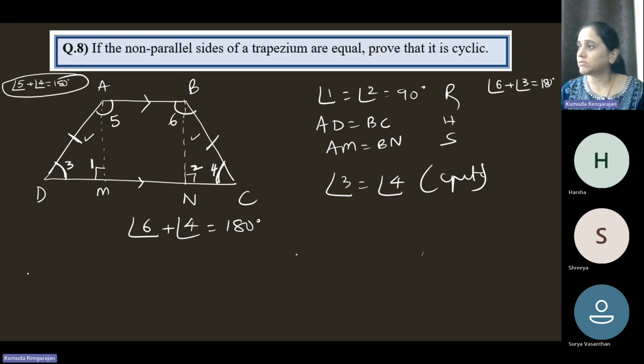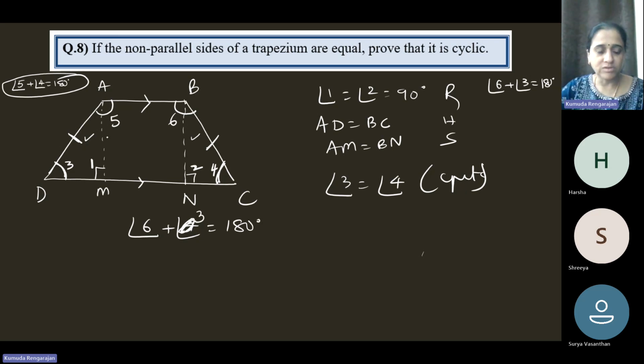But 3 is equal to 4. So this 4 is 3. So 6 plus 3 is 180. Opposite angles are supplementary, so it's a cyclic quadrilateral. It's a very simple proof.